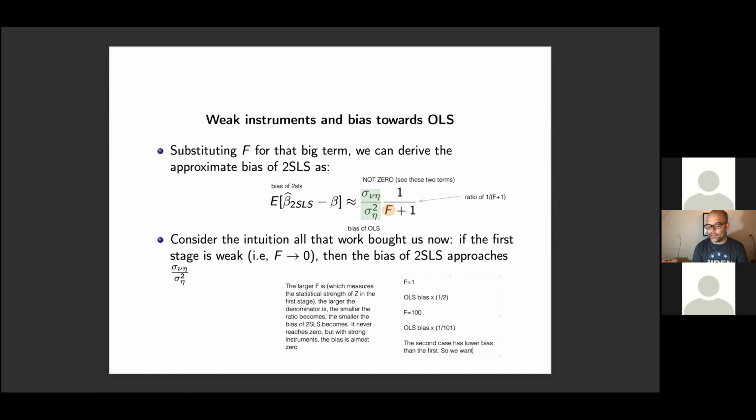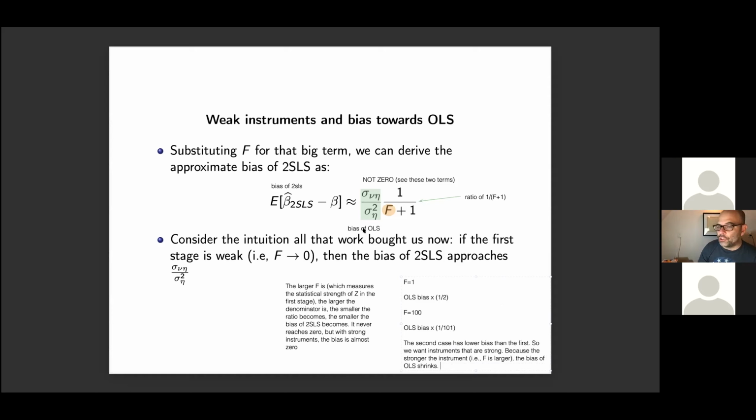So we want instruments that are strong, because the stronger the instrument, i.e. F is larger, the bias of OLS shrinks.